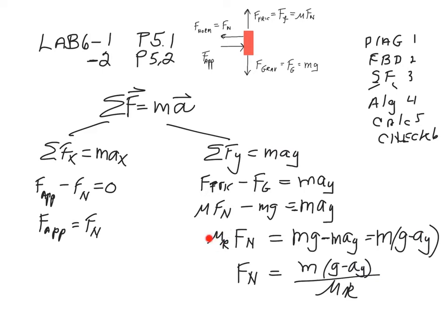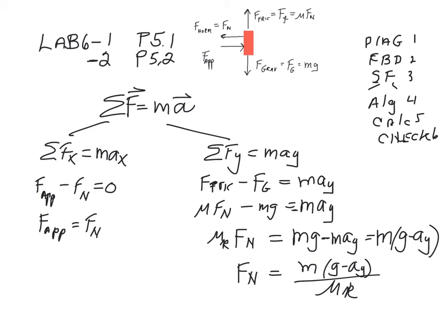And when I divide through by the mu_k, the kinetic friction, I get that the applied force, which is the F_N, in this case is m(g minus a_y) over mu_k. It looks almost like the other one, only now there's an acceleration, so that's included in the general solution. So this is the general solution for this problem for any mu_k and any a_y.